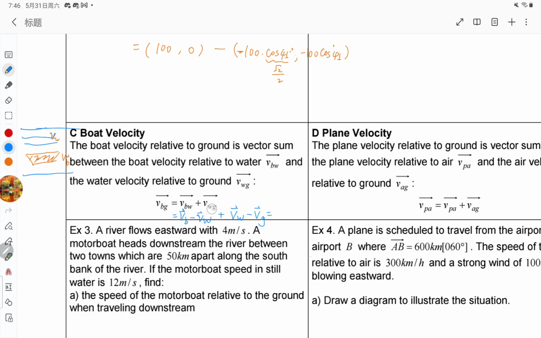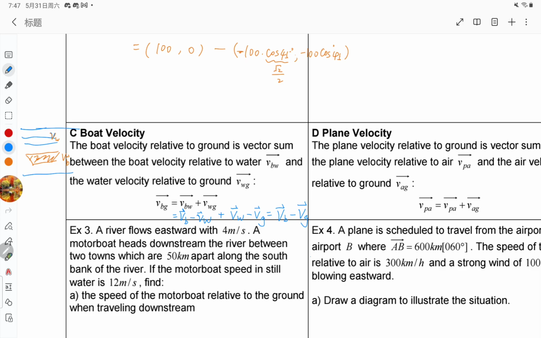But however, even if you cancel, it has a different meaning, right? The top one gave us the meaning of how we are going to understand the v boat relative to the ground. But after we expand it, this simplifies to vbg being just v boat minus vg, right?